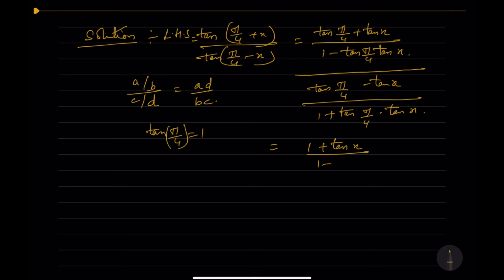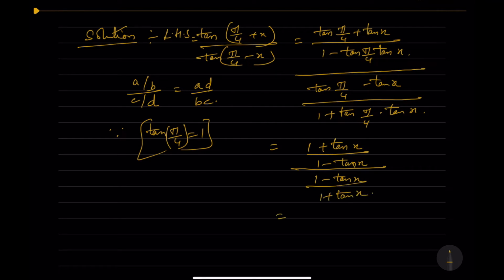You know tan π/4 is equal to 1, which is tan 45, it is equal to 1. Therefore wherever tan π/4 is there, you write it as 1. So (1 + tan x) / (1 − tan x) divided by (1 − tan x) / (1 + tan x).